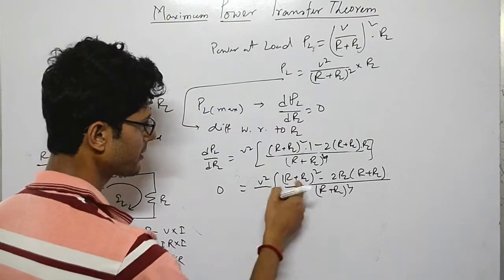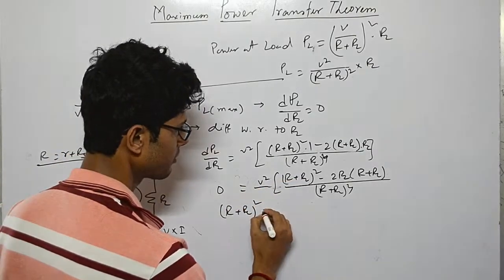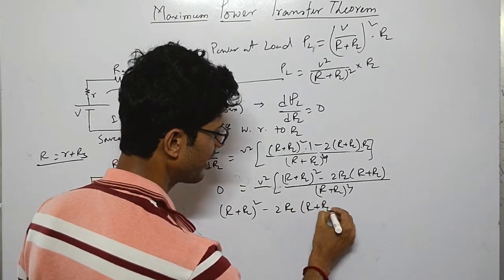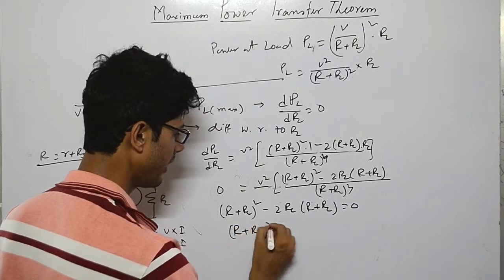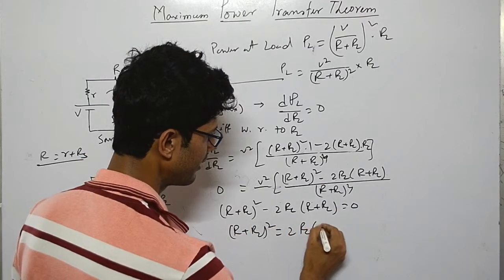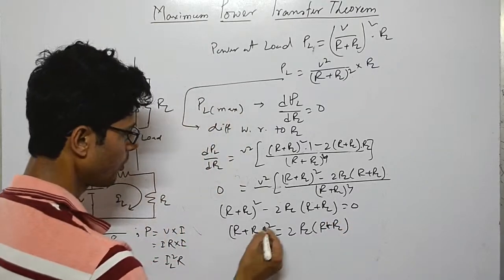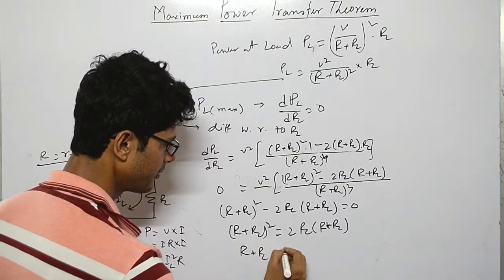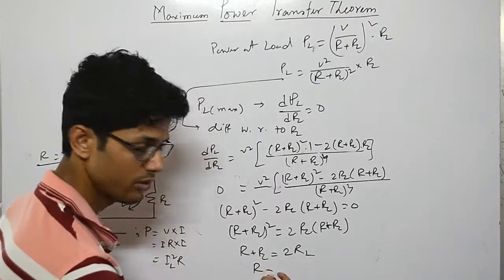Then R plus RL square minus 2RL into R plus RL equals 0. So R plus RL square equals 2RL into R plus RL. This common factor cancels out, so R plus RL equals 2RL. So R equals RL.